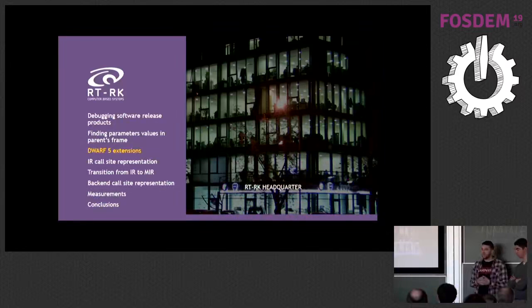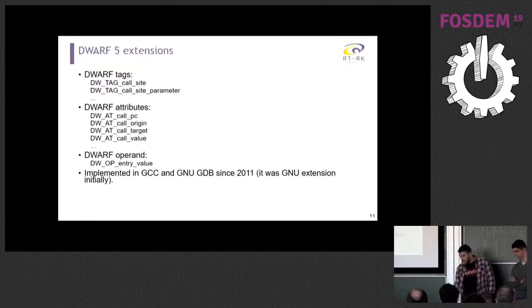Compilers generate it, and debuggers consume it. It was initially introduced by Jakub Jelinek, and implemented in GCC and GDB since 2011. Basically, two tags represent call site and call site parameters, and attributes describe them.